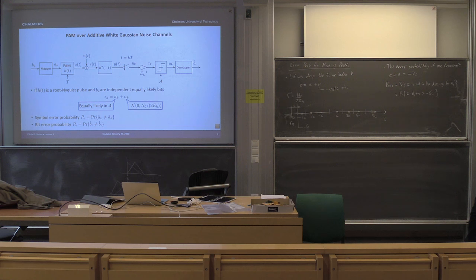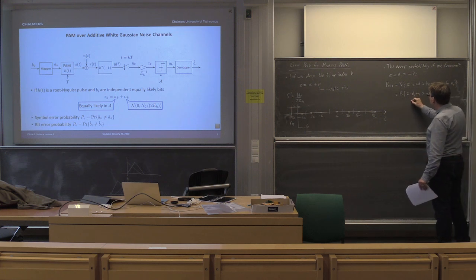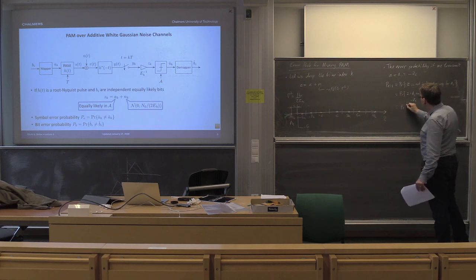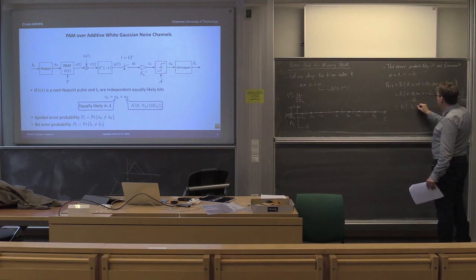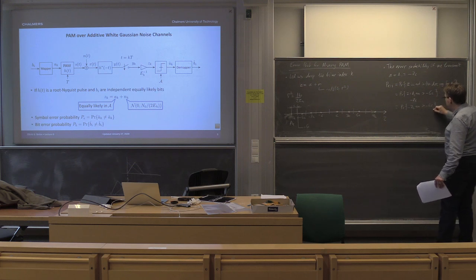Okay? And A1 here is actually minus 7C. So this is the probability that minus 7C, which is A1, plus the noise is greater than negative 6C.